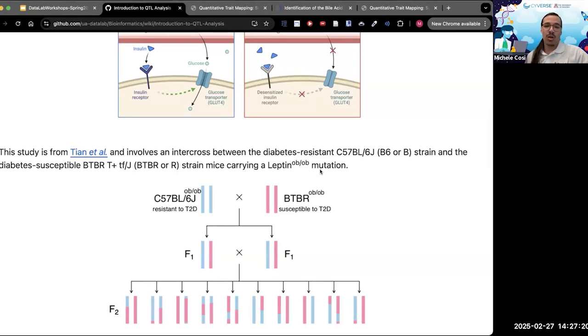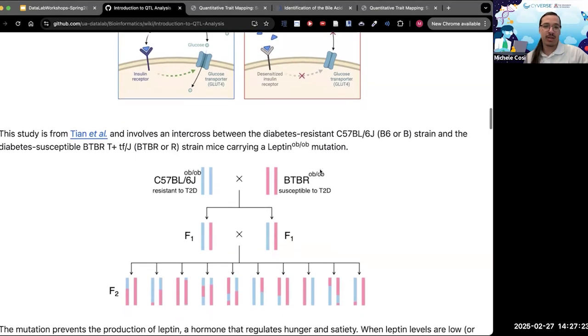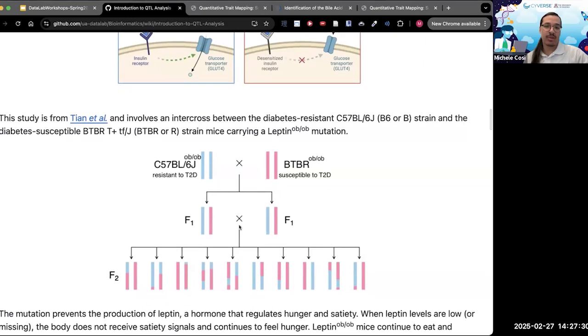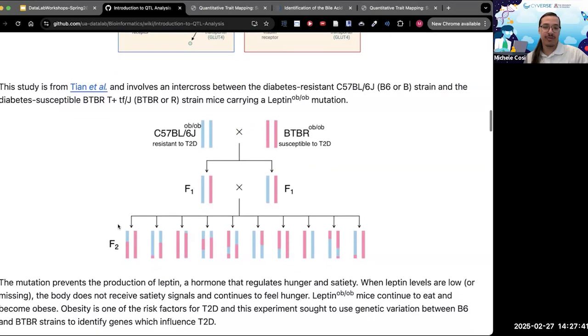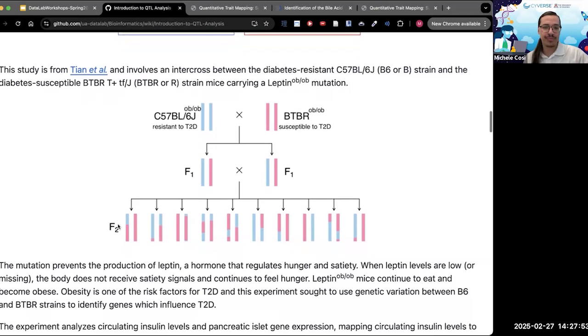Let's just call them B6 and R, or B and R. We're seeing a couple of generations, the first cross and then the second cross, and using the markers that we have for mice, as well as the genetic information from the second cross, we can go ahead and carry out quantitative trait loci analysis, or just as we know it, QTL analysis.